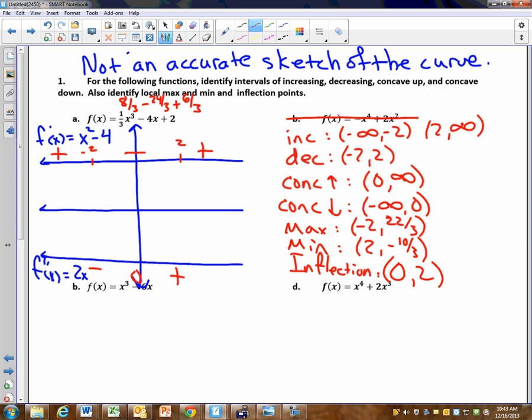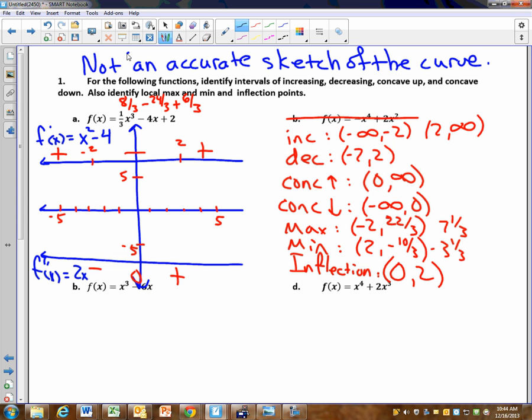So here's all I'm going to do, okay, is you could draw a very generic sketch at this point. 22 thirds is like, what, 7 1/3? And negative 10 thirds is negative 3 1/3. So if I just put a tick mark here of 5, negative 5, positive 5, I can now make a fairly accurate sketch.